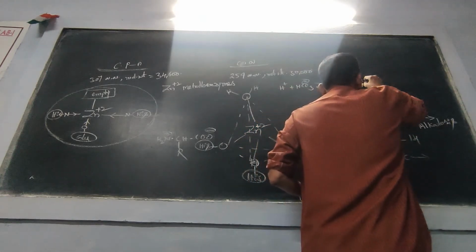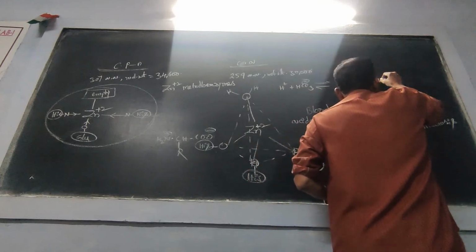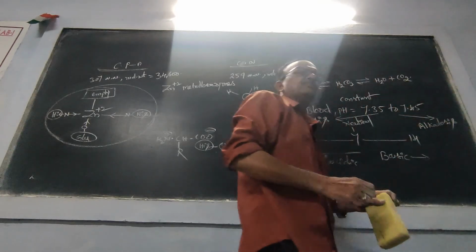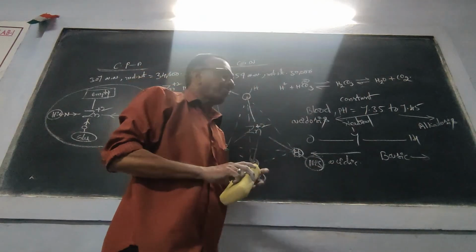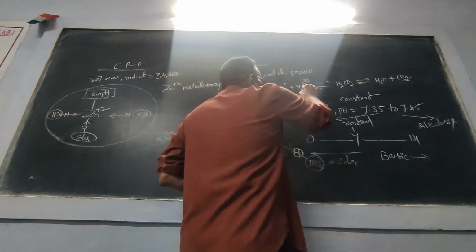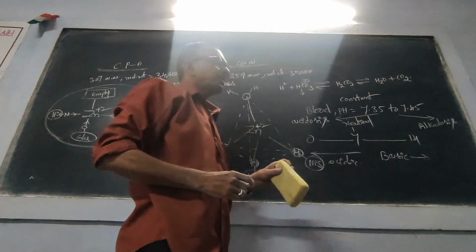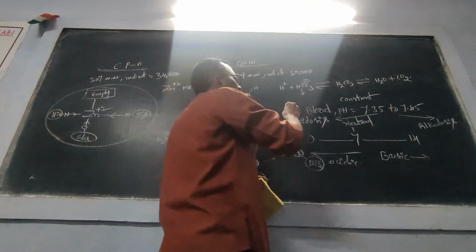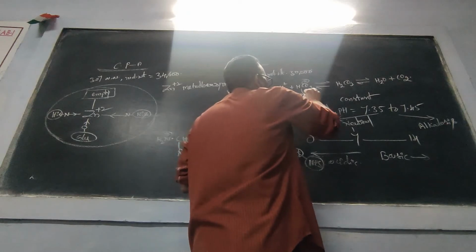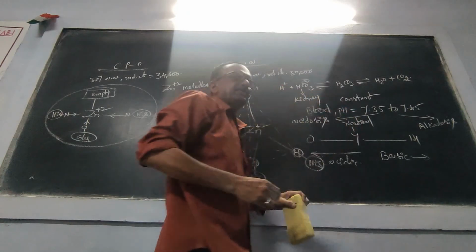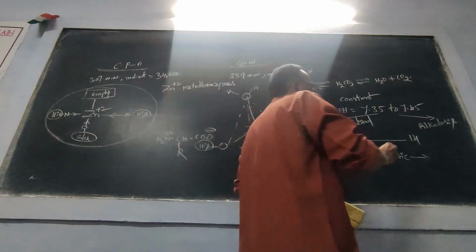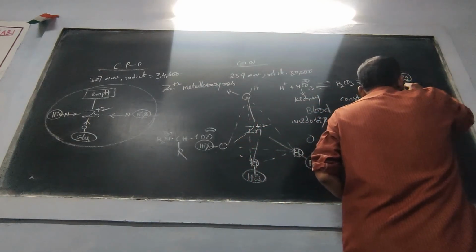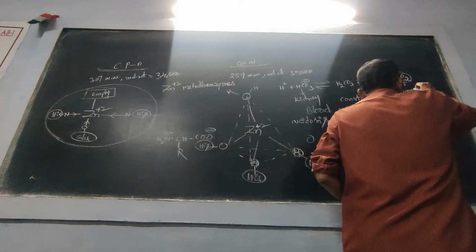Then that will be converted to H2O plus CO2. Now here we have bicarbonate ion. Its concentration is regulated or controlled by the kidney, and carbon dioxide is under the control of the lungs.